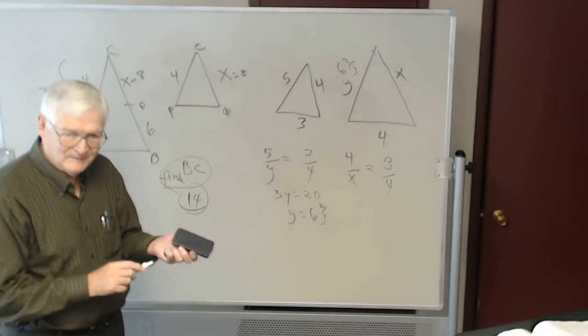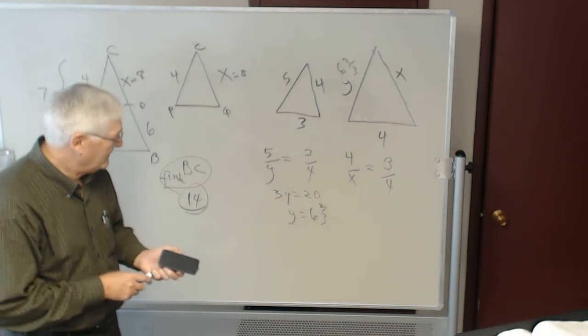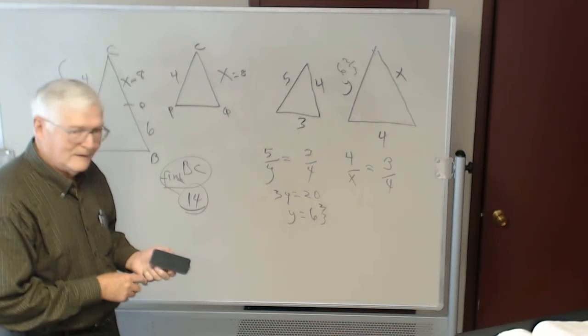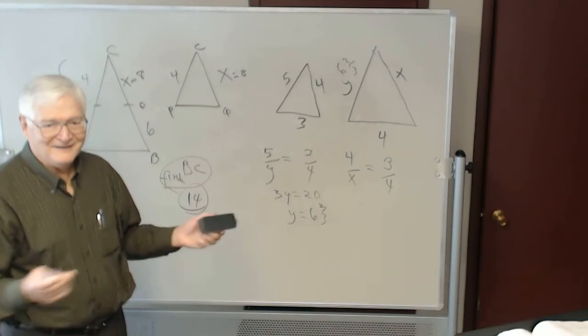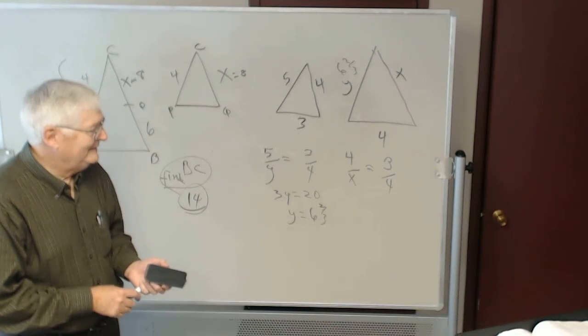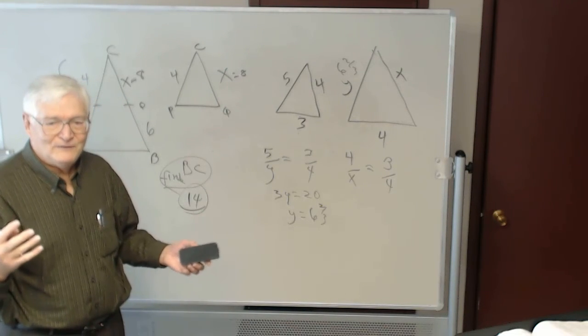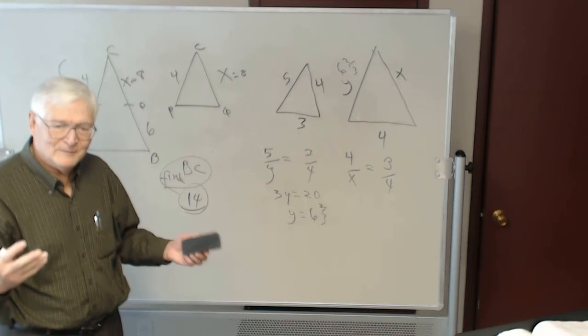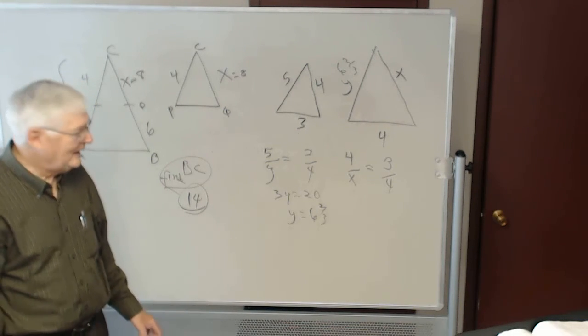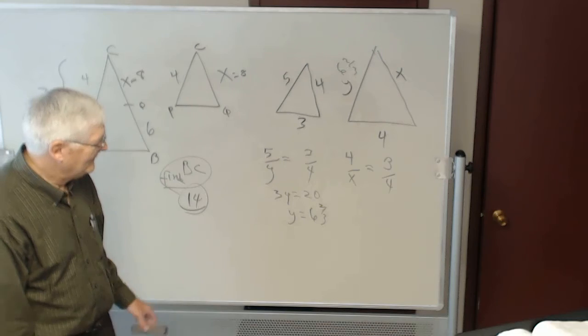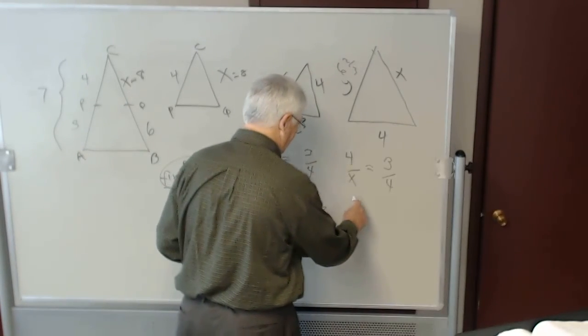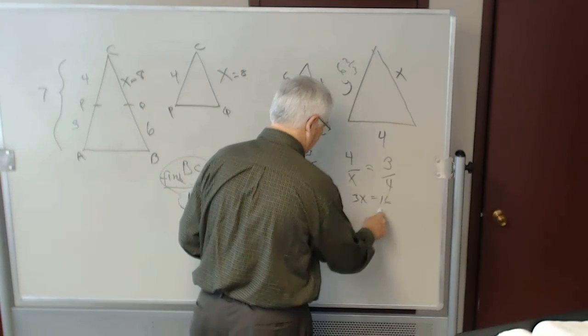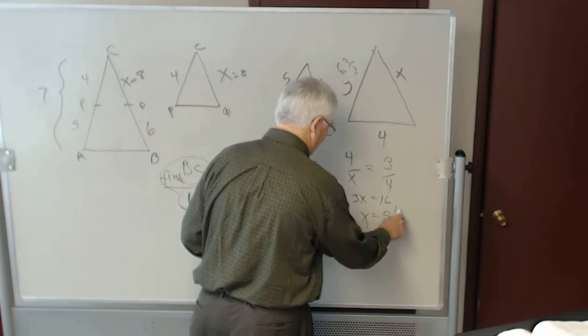Is that where you messed up? No, I added 5 plus 4 instead of multiplying, even though in my head I was like, oh, multiply those, and then I added them. Yeah, and if you talk out loud about what you did mentally, it helps you catch those mental mistakes. And then 3x is 16, so x is 5 1/3.